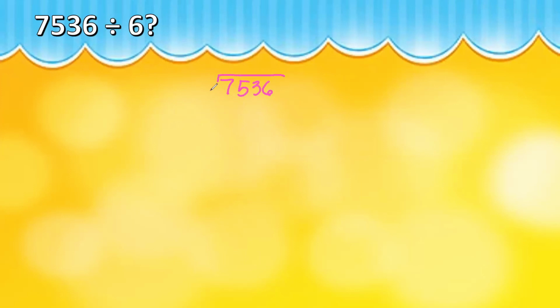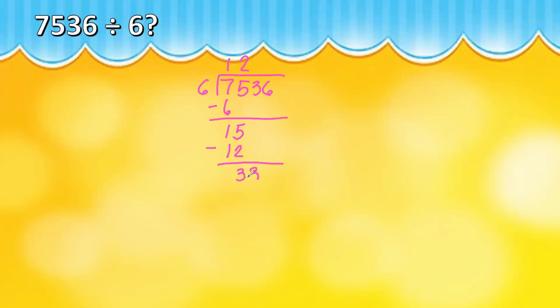7,536 divided by 6. 7 divided by 6 is 1. 1 times 6 is 6. 7 minus 6 is 1. Bring down 5. 15 divided by 6, that will be 2. 2 times 6 is 12. 15 minus 12 is 3.